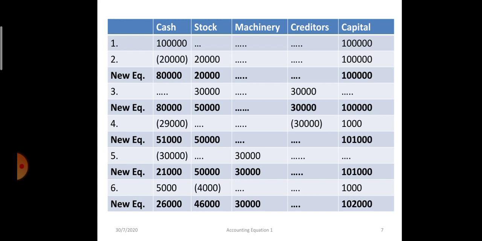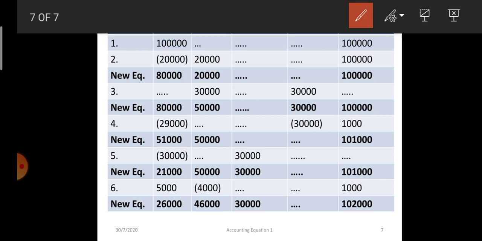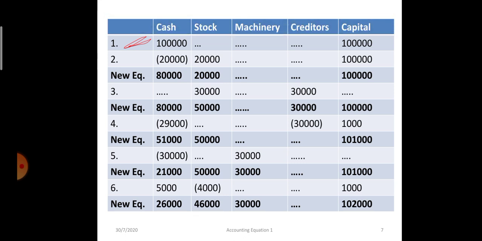So cash plus stock plus machinery is equal to creditors plus capital. So the first transaction, when business was started with cash rupees 1 lakh, 1 lakh rupees will increase on the cash side, and the next 1 lakh will increase in the capital.